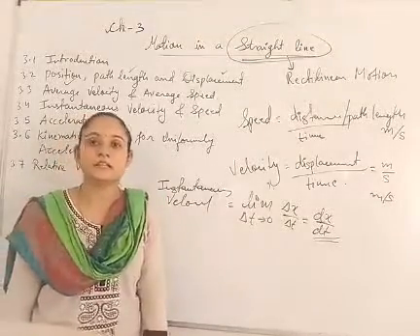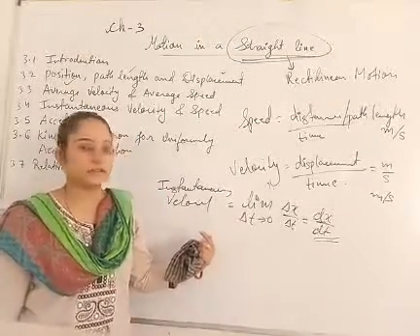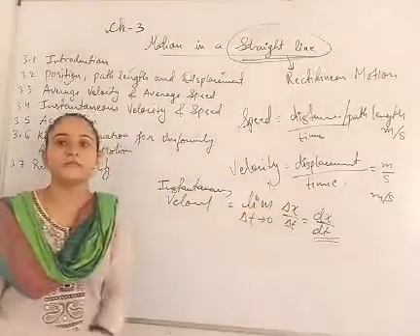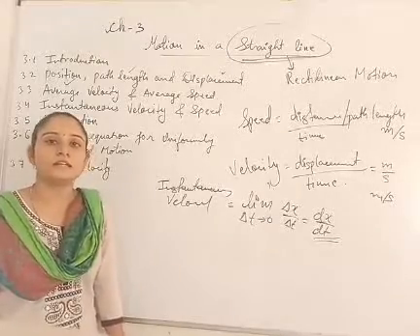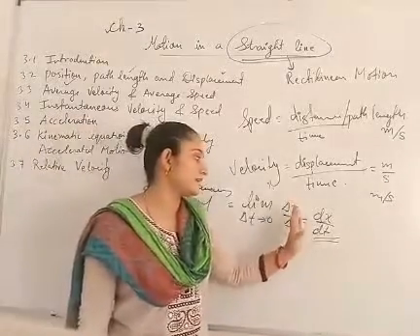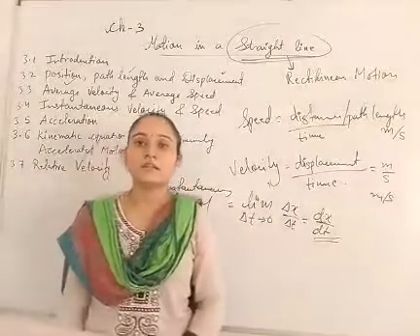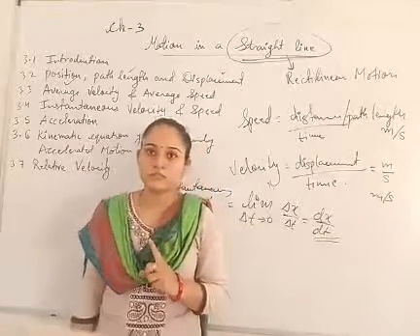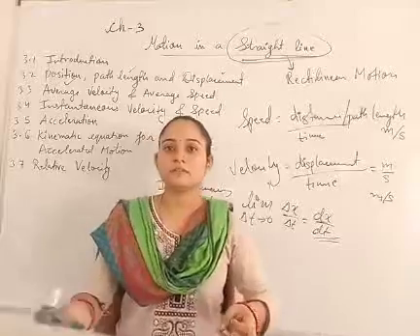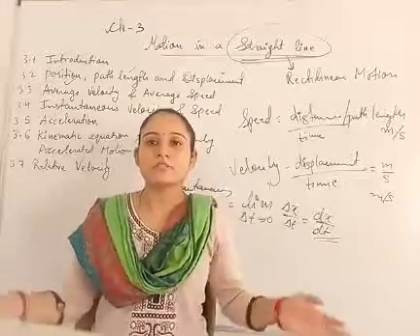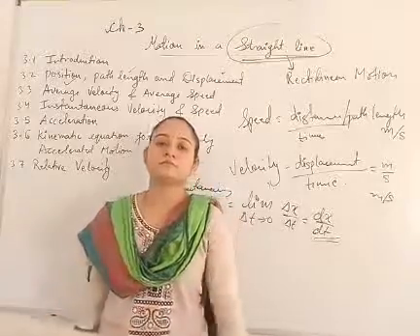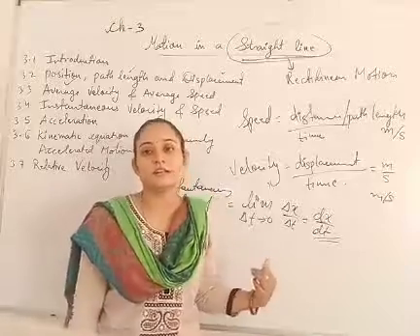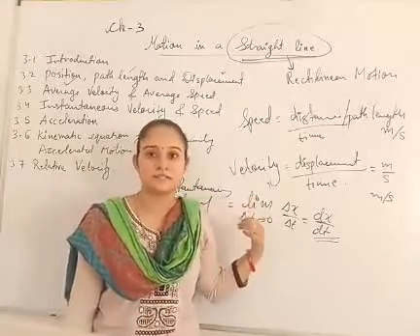The same you can write for speed also, with path length by time, the limit as delta t tends to 0 of delta x by delta t. Did you understand the concept of instantaneous velocity? Clear? So first, velocity is simply that we travel this much distance in this much time. Then average of different segments of distance in different times is average velocity. Then comes the instantaneous velocity, at a specific instant.